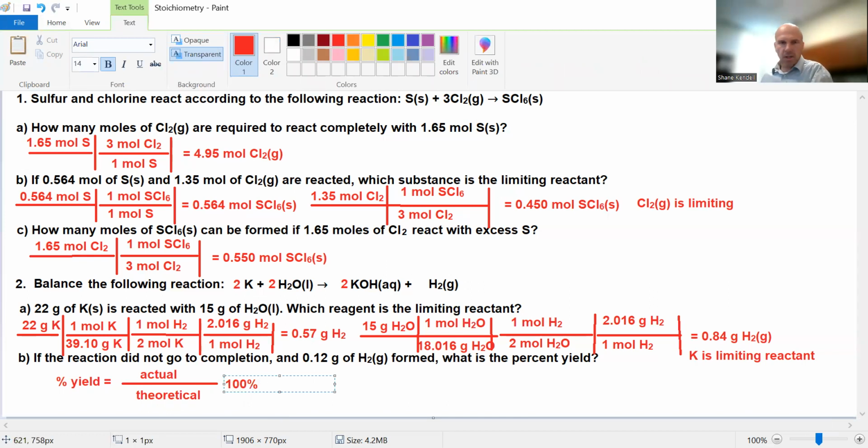Okay. And so in this particular case, we have our 0.12 grams of H2. And then we're going to divide that by what we would have expected to get if it was going to be a proper yield. Or sorry, not a proper yield, but a complete yield.